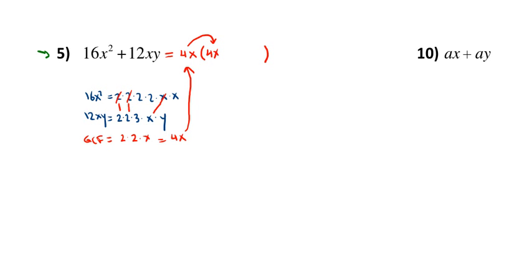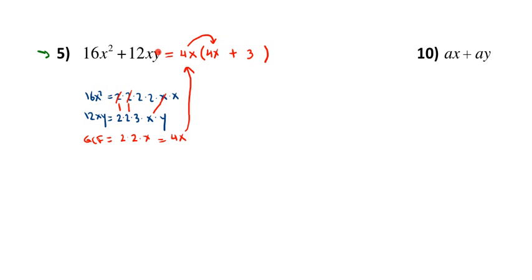And on the other part, what do I need here so that when I multiply 4x times this term, I get 12xy? I have a 4. The only way to get a 12 is by multiplying it by 3. So it's 3 here. Now I also have an x here, but I already have the x here, so I don't need another x here.